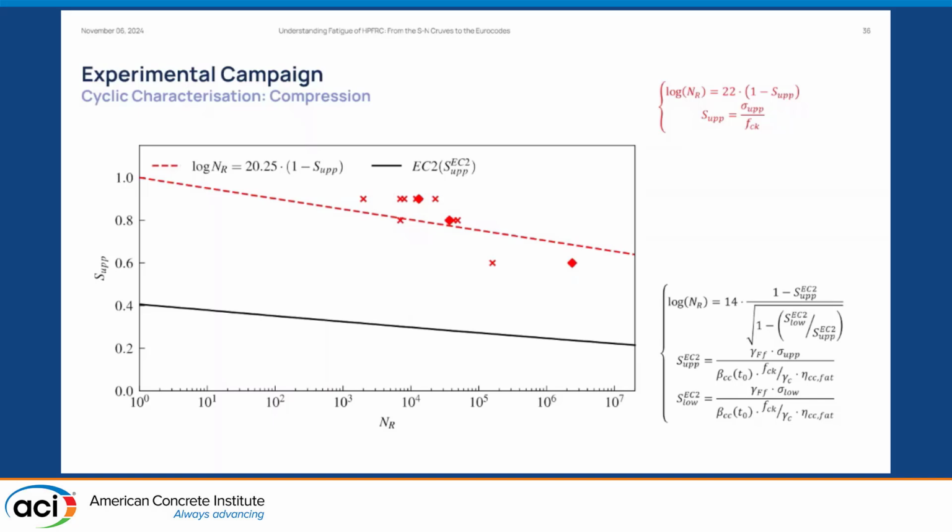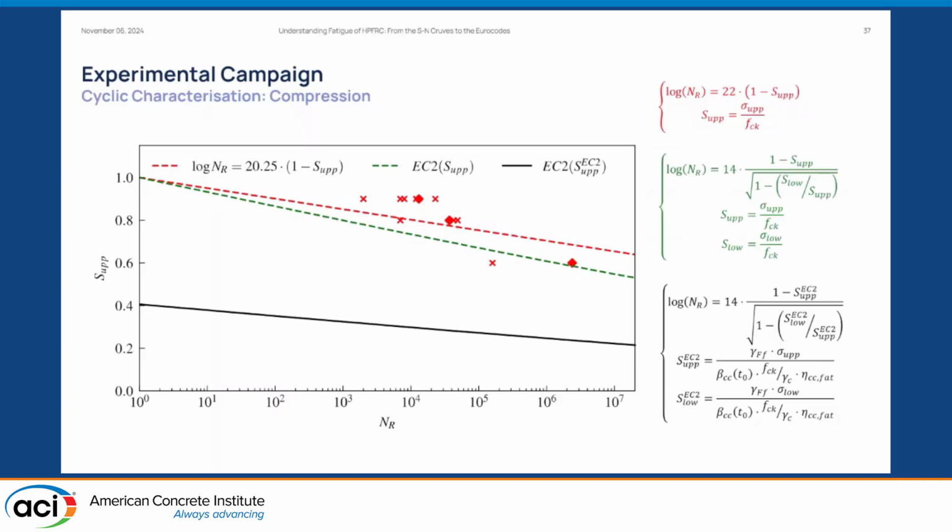Here, I made explicit the definition of fcd,fat to better compare them, and basically it still refers to fck. And again, in green, the same formulation used in the current Eurocode 2, but using our definition of the load level.